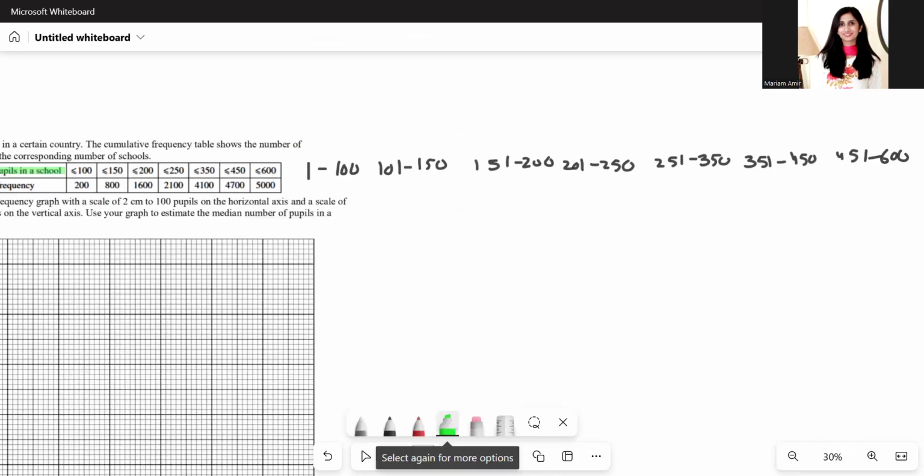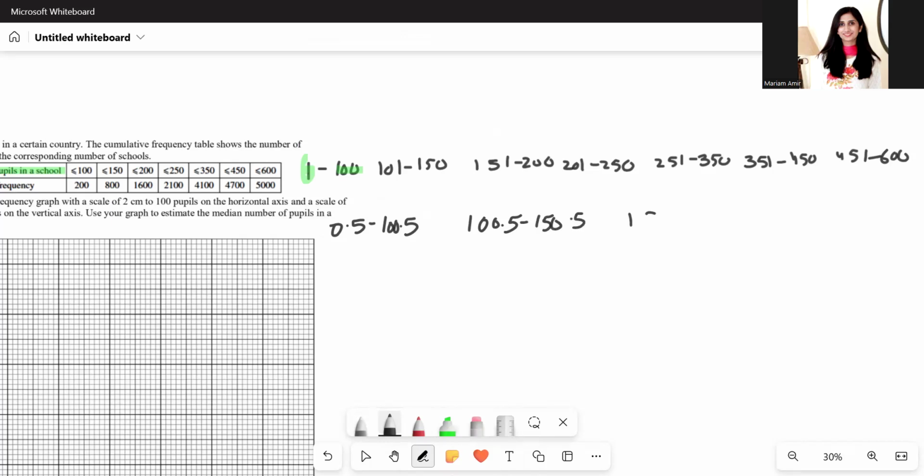This time we have 1 here and not 0, so we will subtract 0.5 from here and add 0.5 here. So we'll get 0.5 till 100.5, 100.5 till 150.5 and so on. 150.5 till 200.5. So that way the gaps in the data are bridged and we've applied continuity correction.